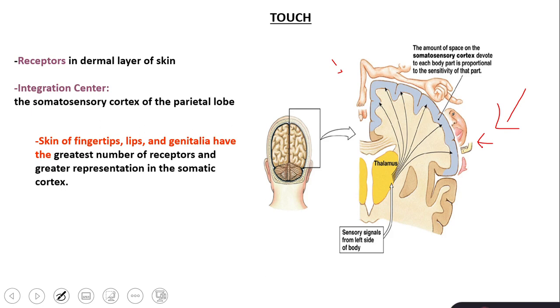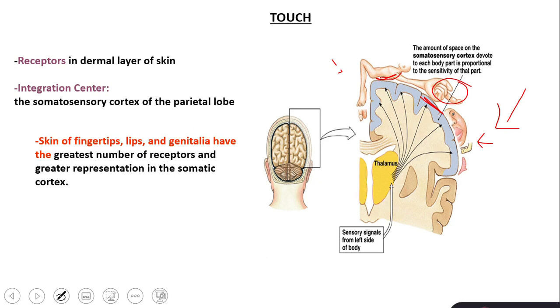However, that representation is not proportional. Means that if you look at the fingers, they have a greater space than, for example, your trunk. So the fingers are smaller than the trunk, but they have more representation because they have more sensitivity.